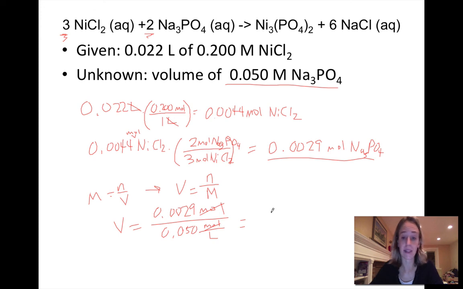So this division gives us 0.05867 liters, and we only have two significant figures in some of these measurements, so this would round to 0.059 liters or 59 mL.